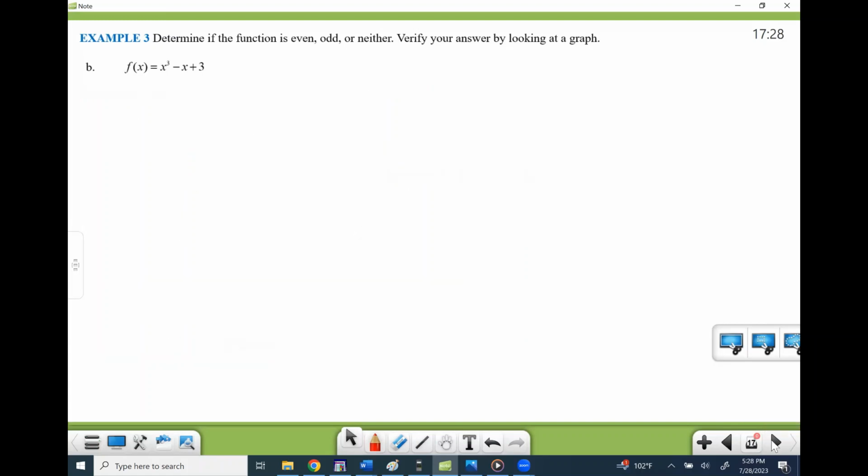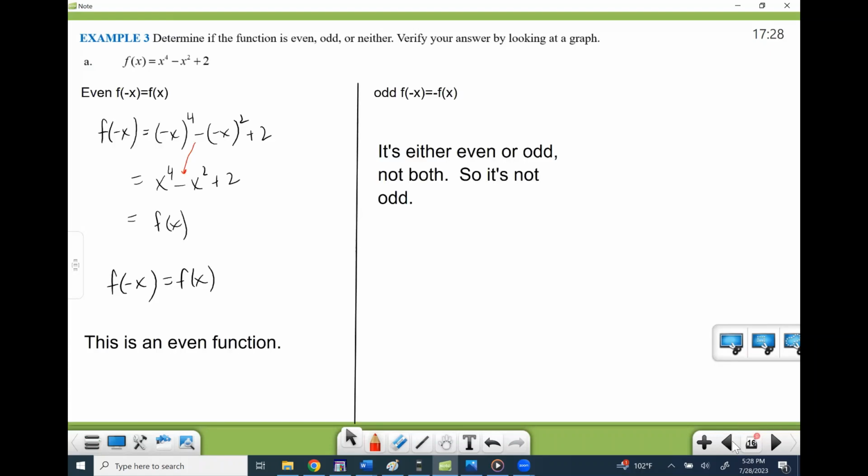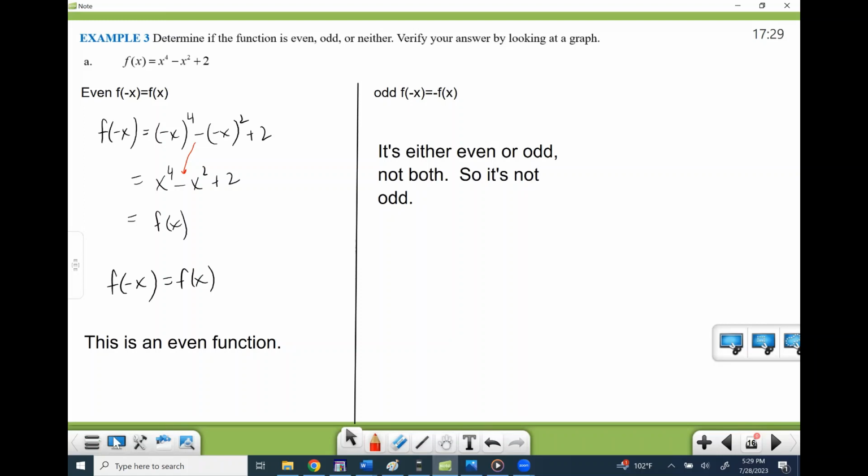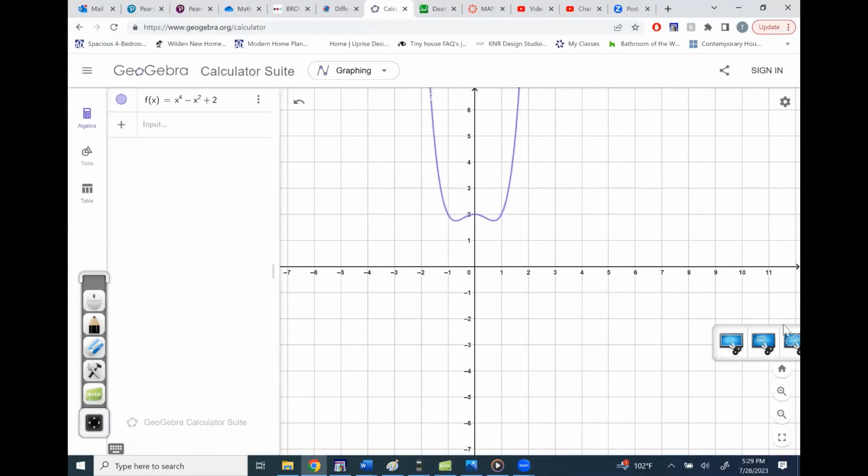Now, by the way, what the graph of this looks like, let's go check it out. Apparently, this is supposed to be symmetric to the y-axis, so let's see what it looks like. It was x to the fourth minus x to the second. Was it plus 2? I don't remember. Let me go back and check really quickly. It was plus 2. All right, so look at that.